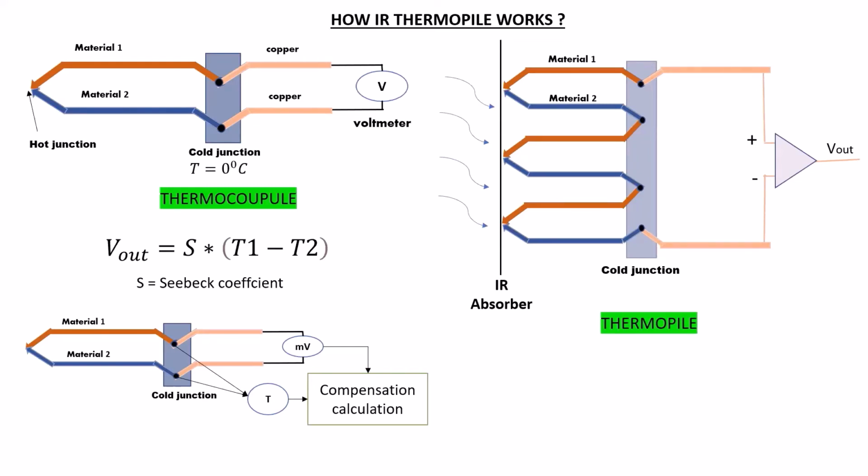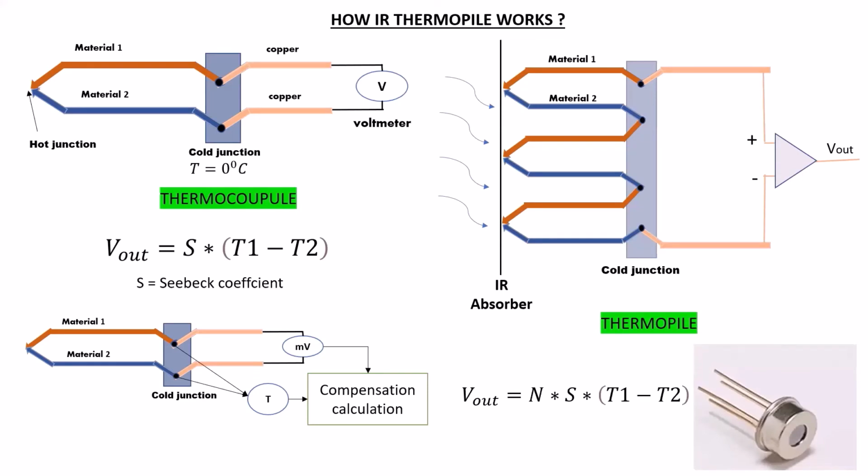This is the schematic of an IR thermopile, where the hot ends are connected to an IR absorber, which absorbs the IR signal, and heat is transferred from the hotter region to the colder region. The output voltage is given by N times S times (T1 minus T2), where N is the number of thermocouples. By doing so, we can increase the output voltage.